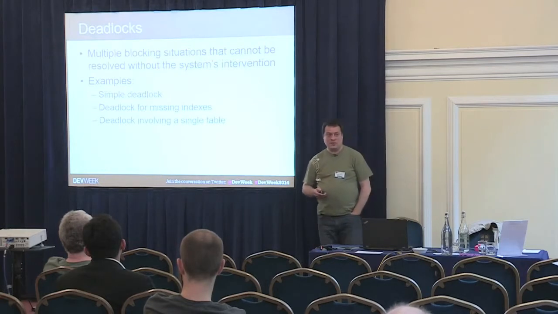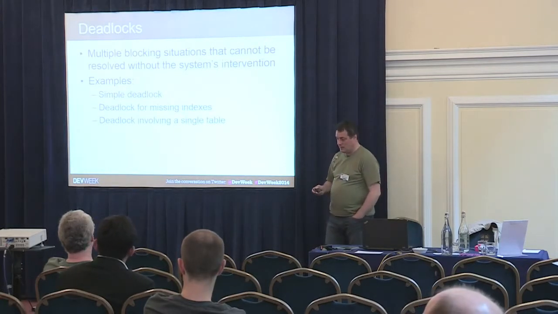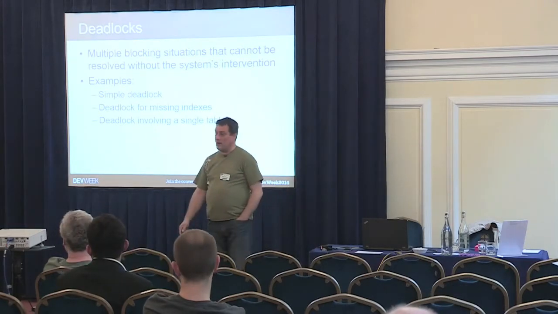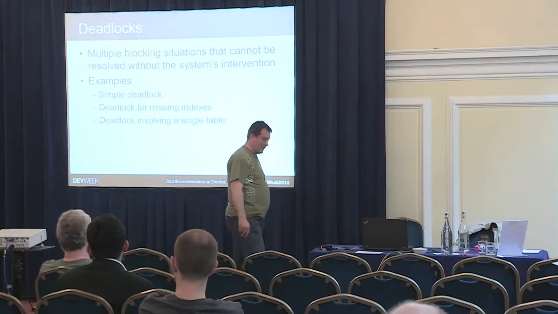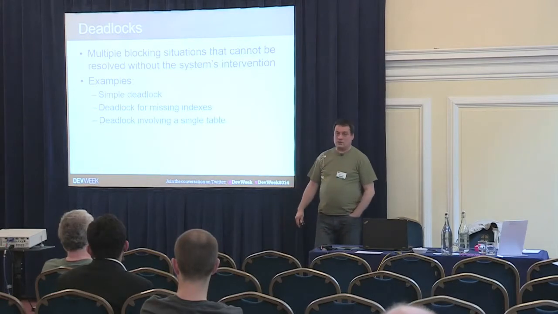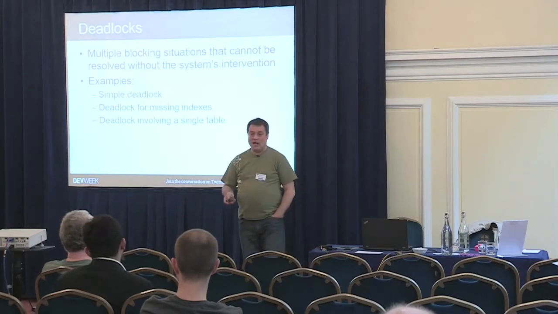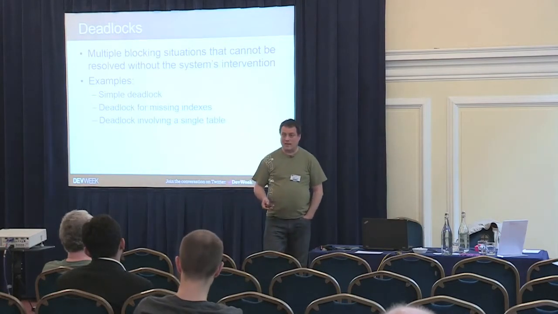Now, even worse than wait locks are deadlocks. I have shown you one example of how a deadlock can occur. Now I will explain other possibilities. A deadlock is, of course, worse because one of the transactions involved is rolled back automatically.